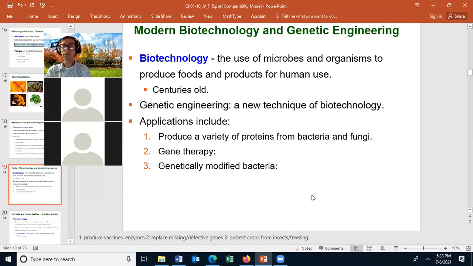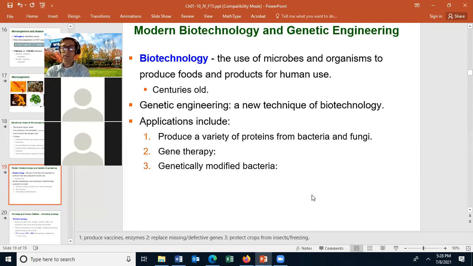We tend to think of it as something new, and there is a new aspect of biotechnology, that is genetic engineering, and it's simply a new technique of biotechnology. And this is new. Okay? Genetic engineering can be used to produce a variety of proteins from bacteria and fungi.